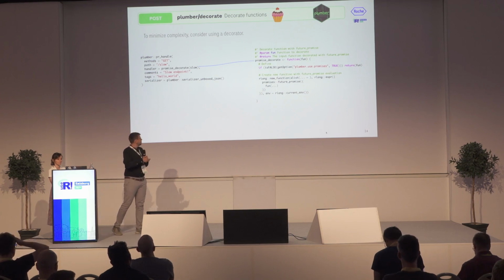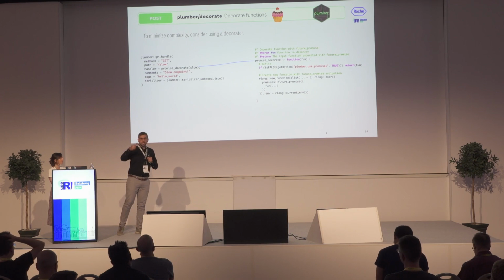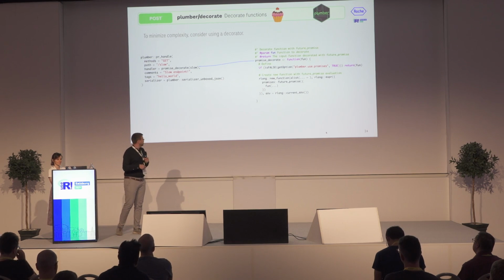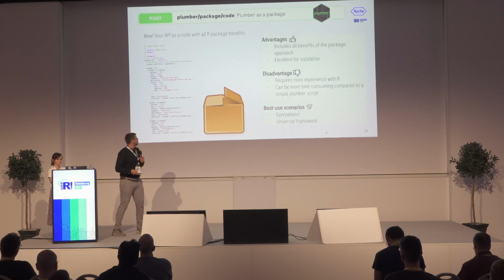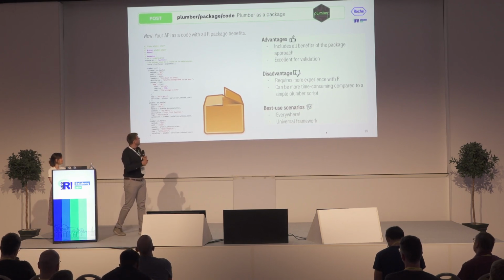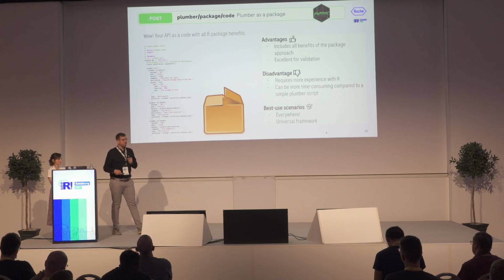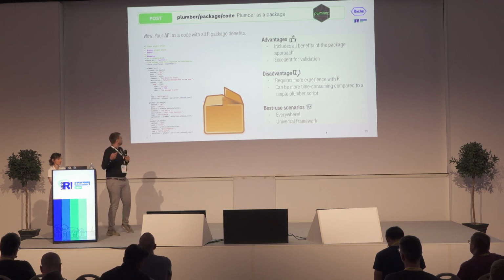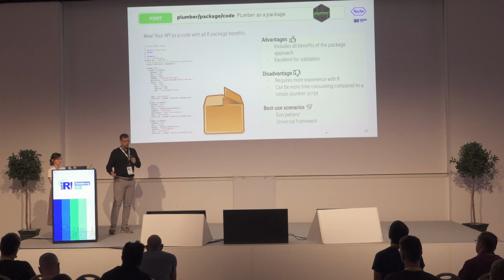Otherwise, for example, this future promise would need to be added to every different function that's used in this Plumber API. So to summarize, in my opinion, the best approach is to use all the benefits from R package development and also write everything as code.